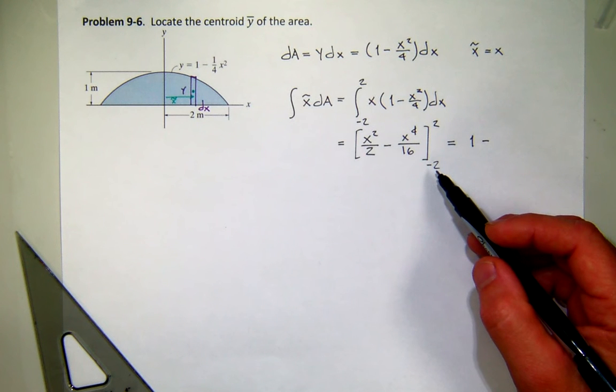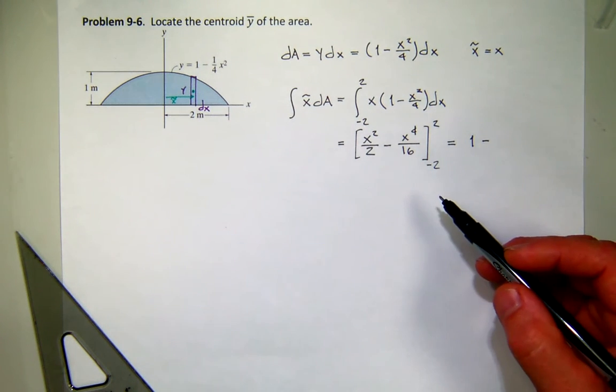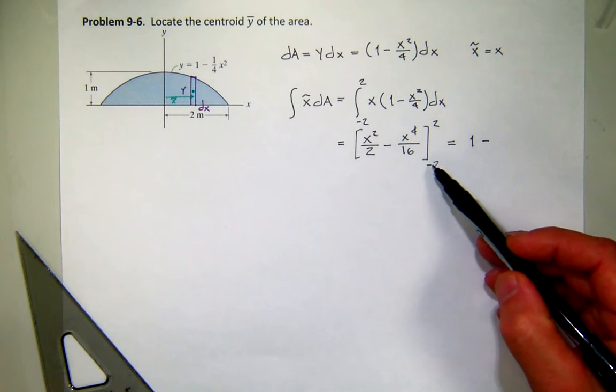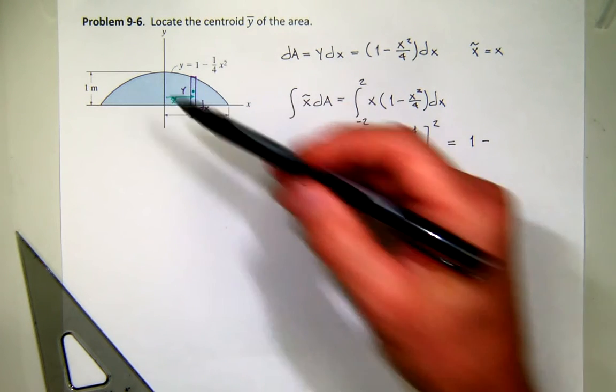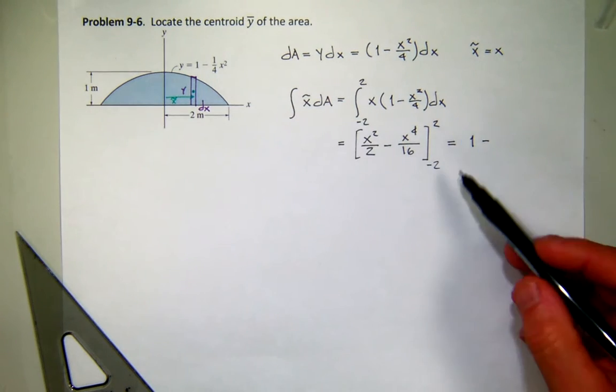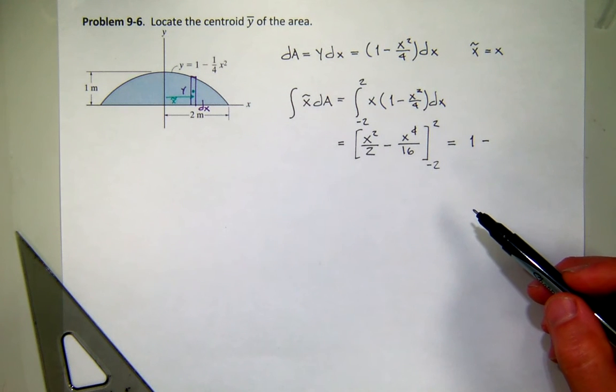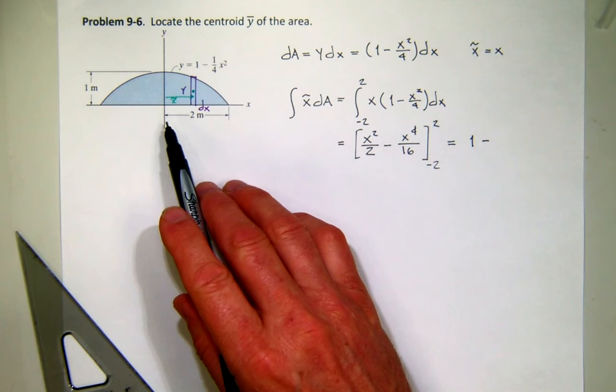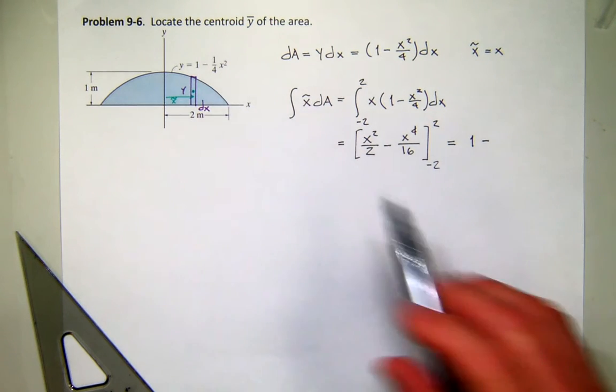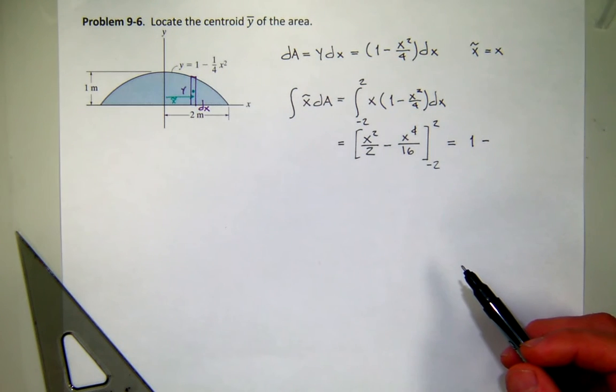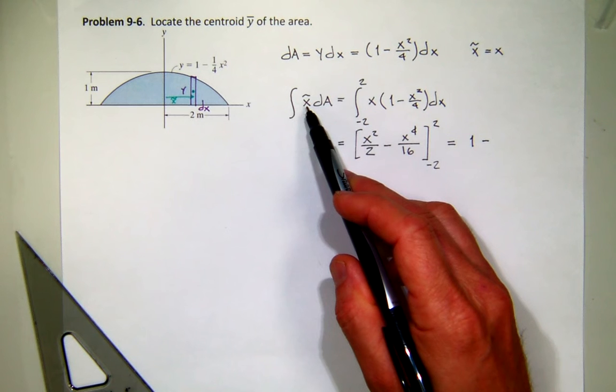Maybe we should just try it the other way. I guess I wouldn't have a negative integral, right? I would be going from 0 to 1. Yeah, I don't know why that's not working. Because like you said, I could have integrated from 0 to 2 and just multiplied it by 2, right? That would have given me the same area. But this has the moment involved.